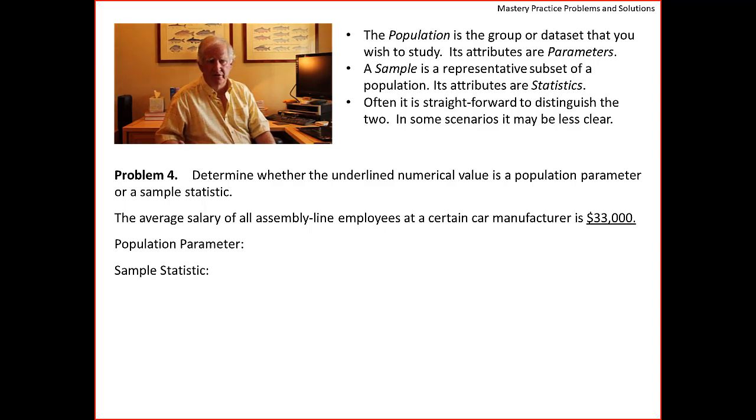In order to do that, it might very reasonably have stratified or clustered its workers as assembly line workers, administrative workers, the engineering department workers, whatever the other departments are.